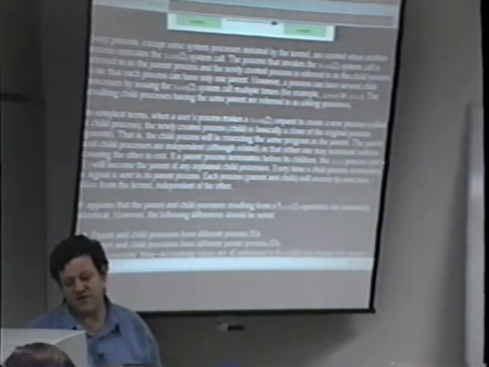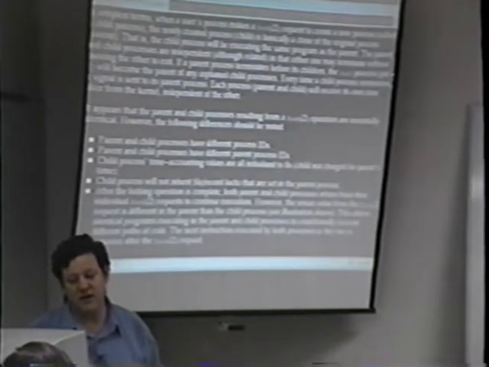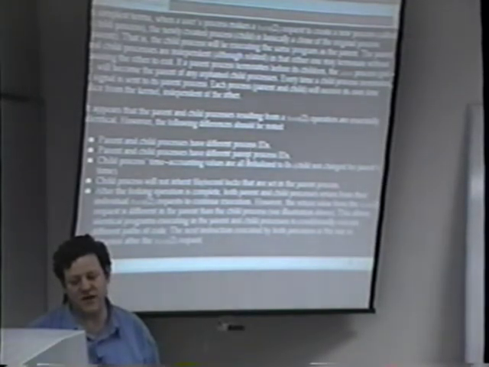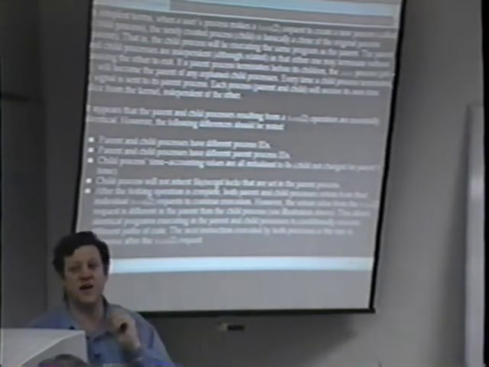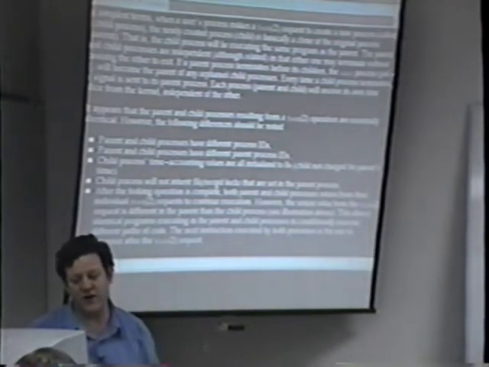Let's see, so it appears that the child and parent are the same resulting from the fork. The only difference is that they have different PIDs and different parent PIDs. Some of the accounting of the child may be initialized to 0. The child will not inherit any locking mechanism. It will inherit open files and open service sockets, network sockets, but it will not inherit any locks.